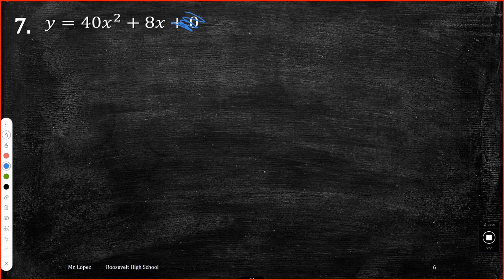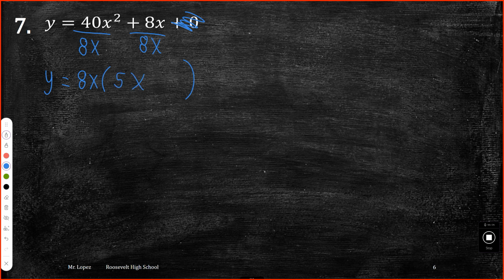What is the biggest number that goes into 40 and 8? Isn't it 8? It's 8. So it's going to be 8x. So y equals 8x. So what stays inside? X. No, come on. 5x.